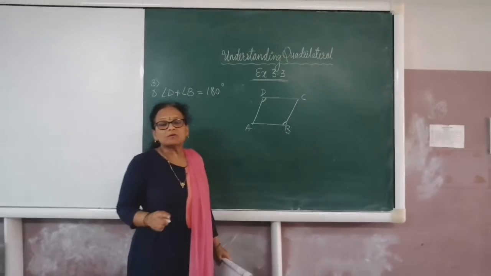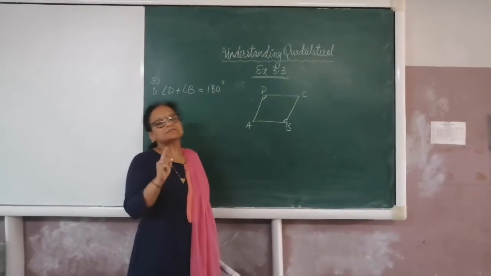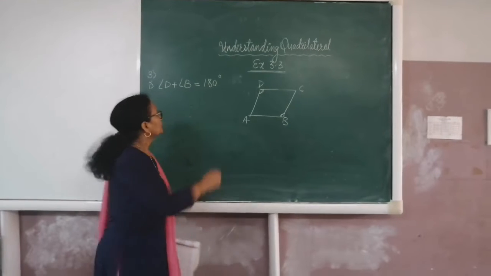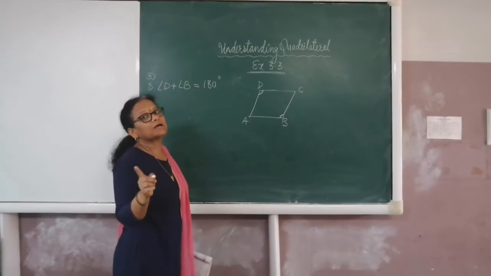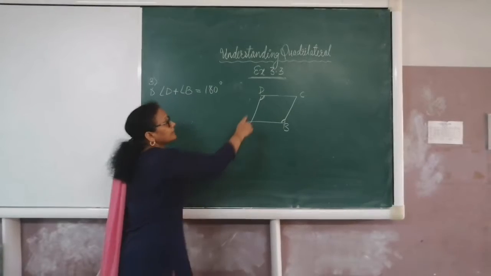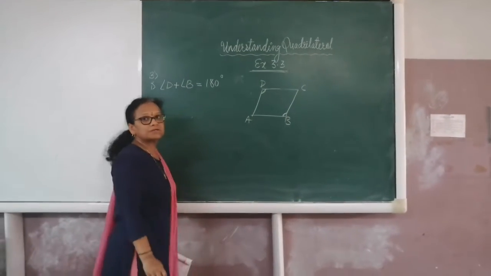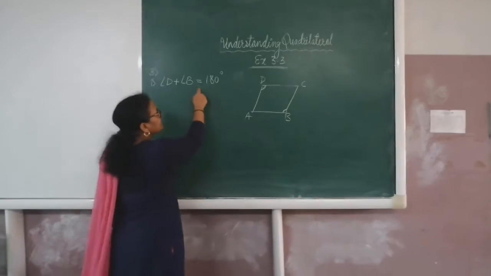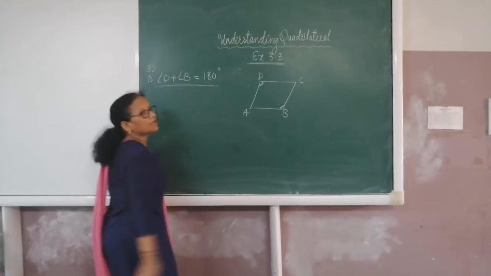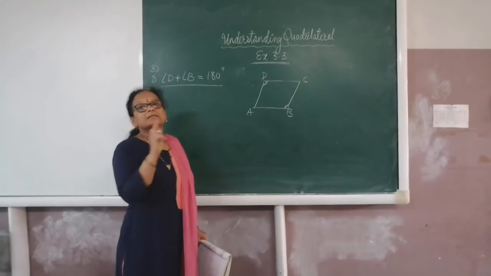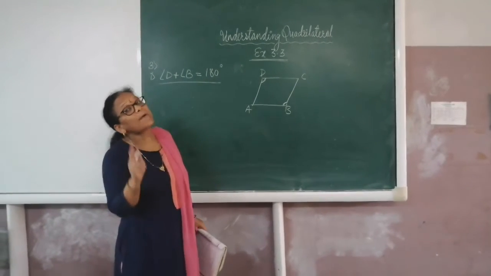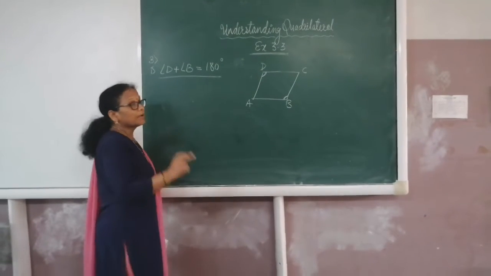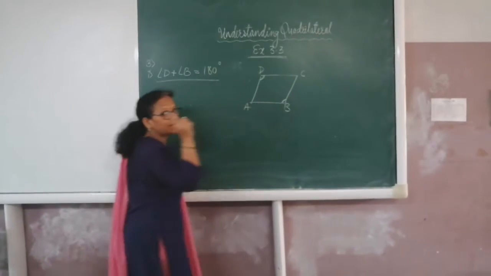For the parallelogram, adjacent angles are supplementary. So these two are not supplementary because they are not adjacent, but they are opposite to each other. So that's why this condition is not enough to say that this quadrilateral is a parallelogram. Why? Because they are opposite angles.